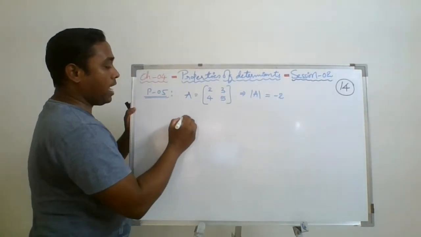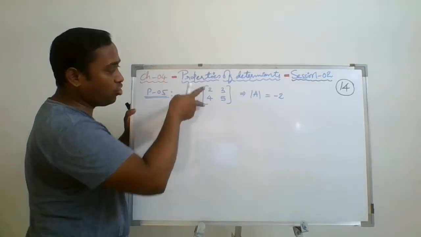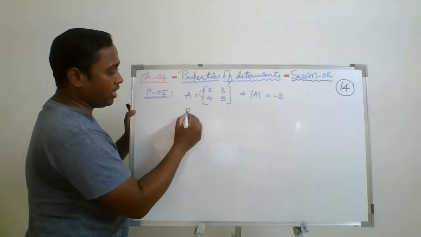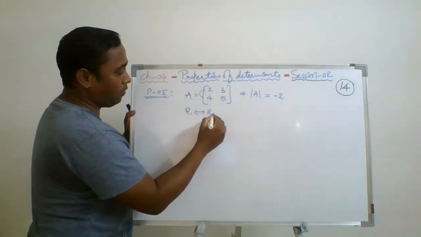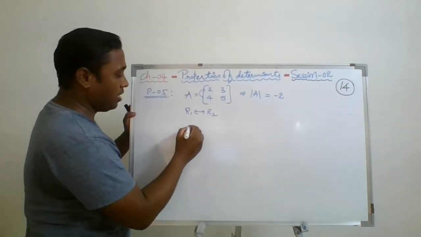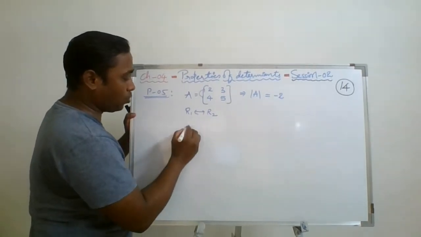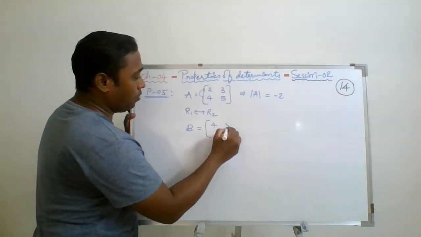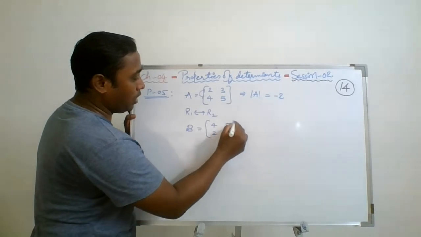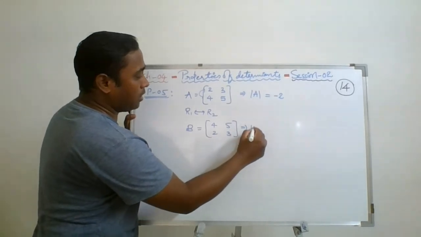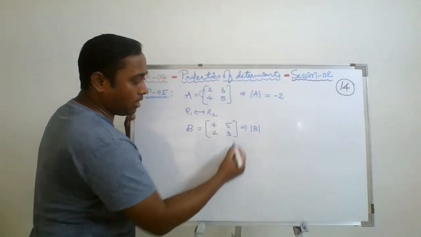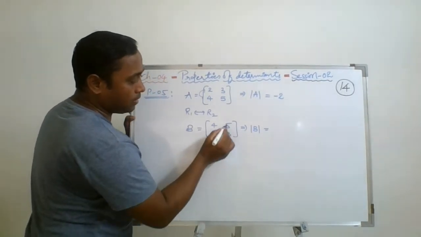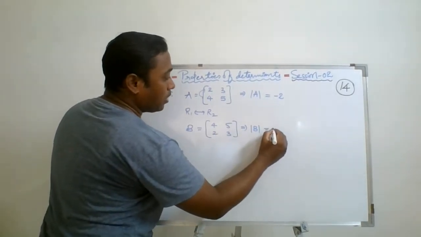Similarly, now I am interchanging the two rows, meaning R1 and R2 are interchanged. Then the new matrix so obtained is B, that is 4, 5, 2, 3. Now calculate the determinant of this matrix, which is equal to 12 minus 10, that is 2.